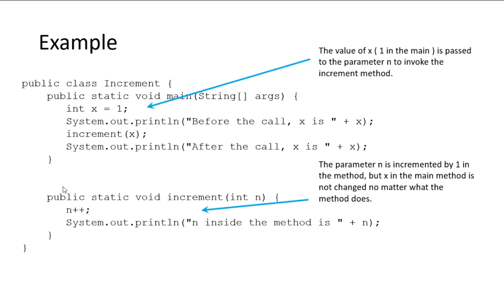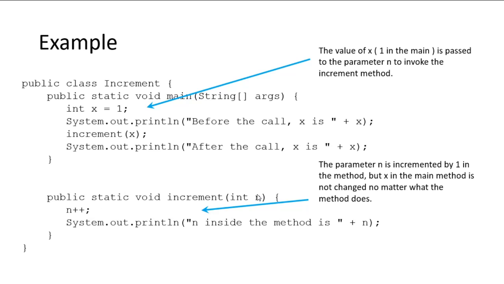Let's examine the function itself. The increment function takes one integer value. In this case, the integer variable inside the function is called n. And the value of n will be increased by 1.